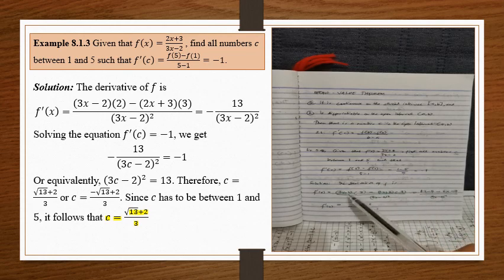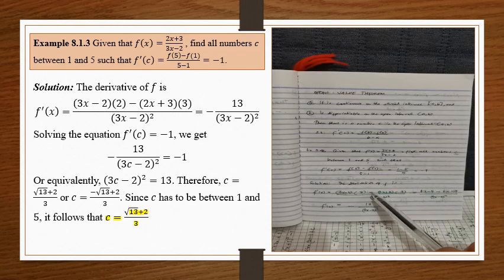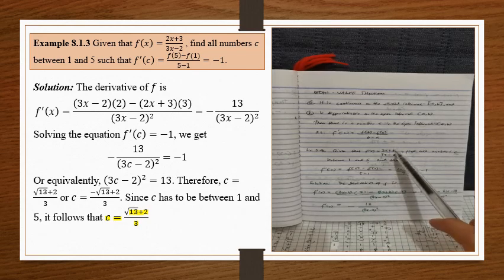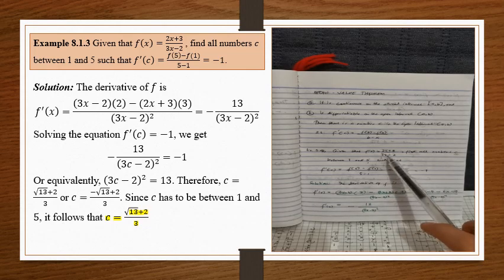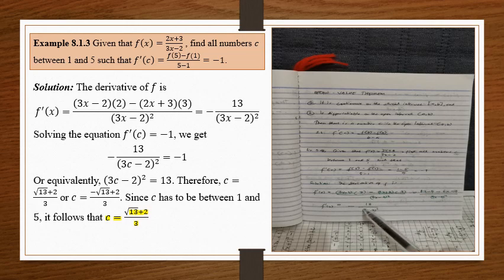Okay. So, we have 3x minus 2 times 2, that is the derivative of 2x plus 3. Then minus the first function, or the high function, 2x plus 3 times 3, which is the derivative of 3x minus 2. And then the denominator is just the square of 3x minus 2. Okay, so we simplify this. So, we get negative 13 over 3x minus 2 quantity squared.